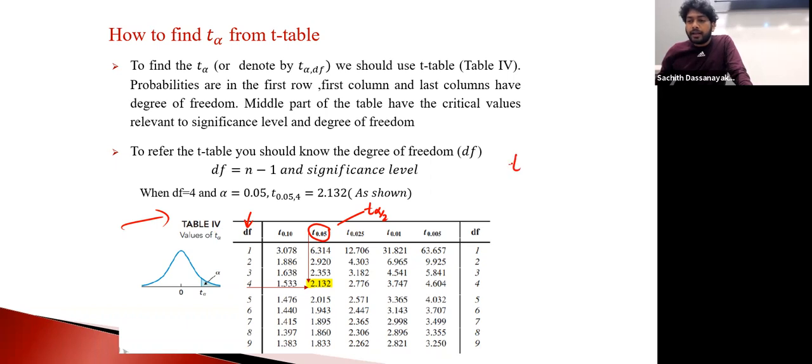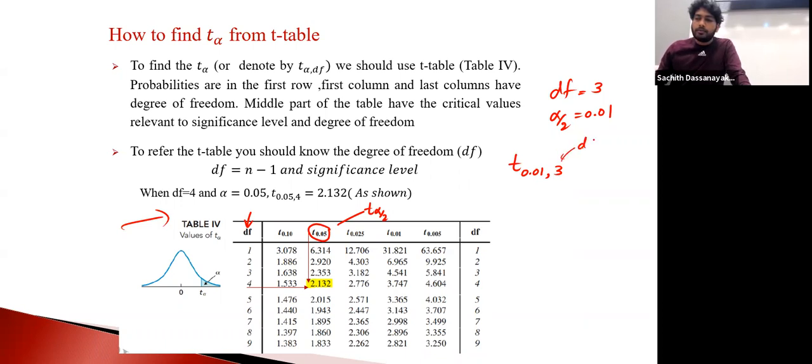So I need to find, let's say, t alpha over 2, where alpha over 2 is 0.01. So I need to find t 0.01, and the degrees of freedom is, let's say, 3. So here I need to find t 0.01 comma 3.